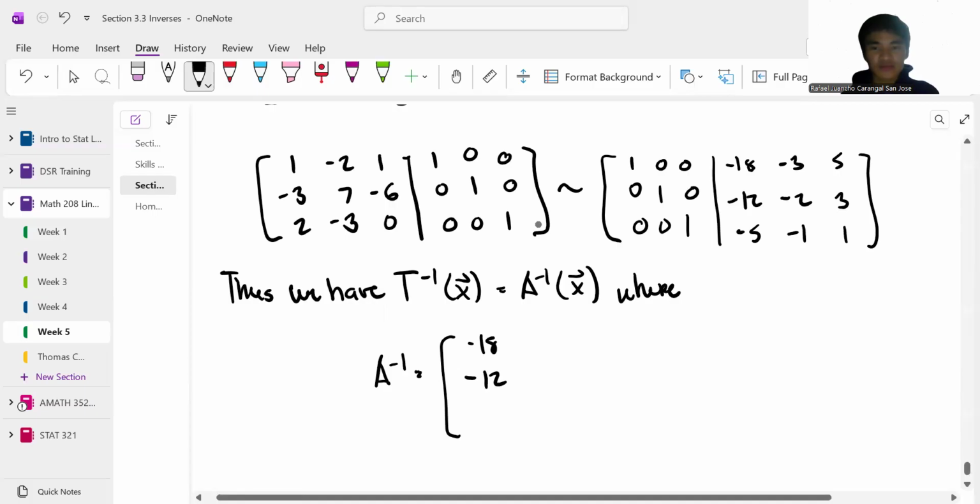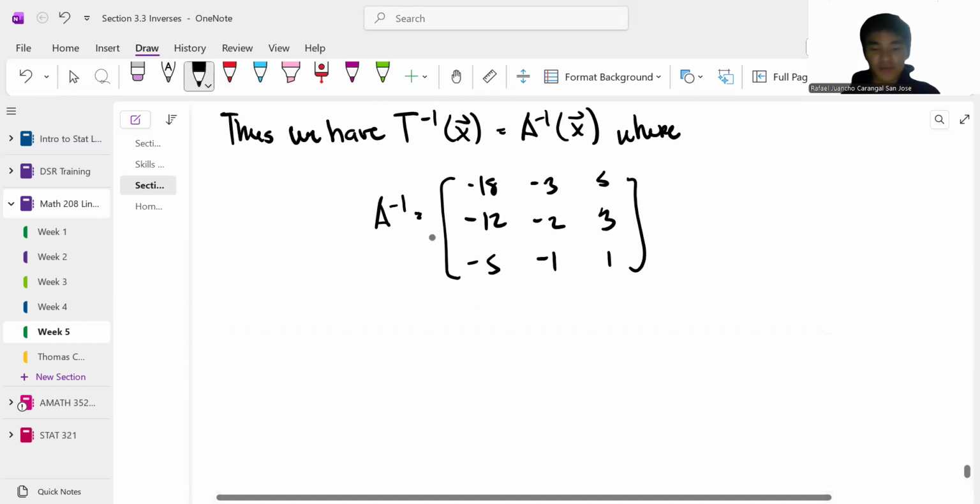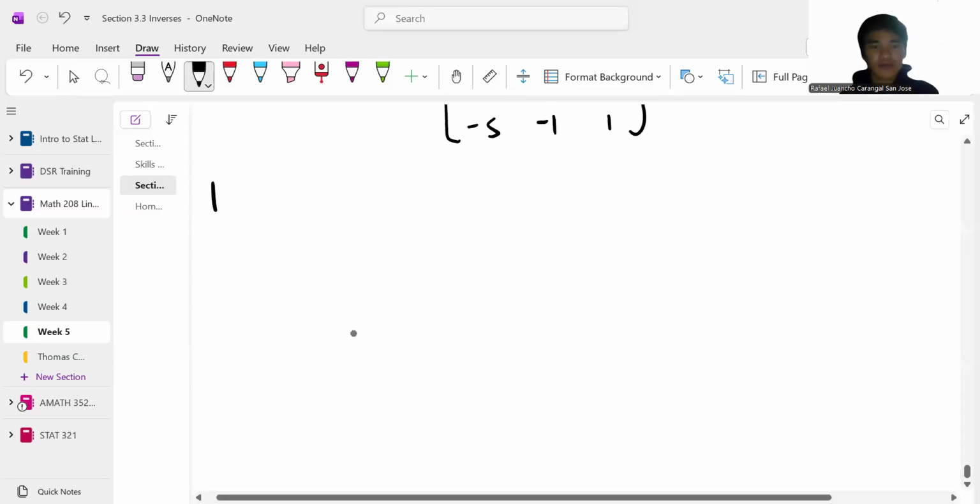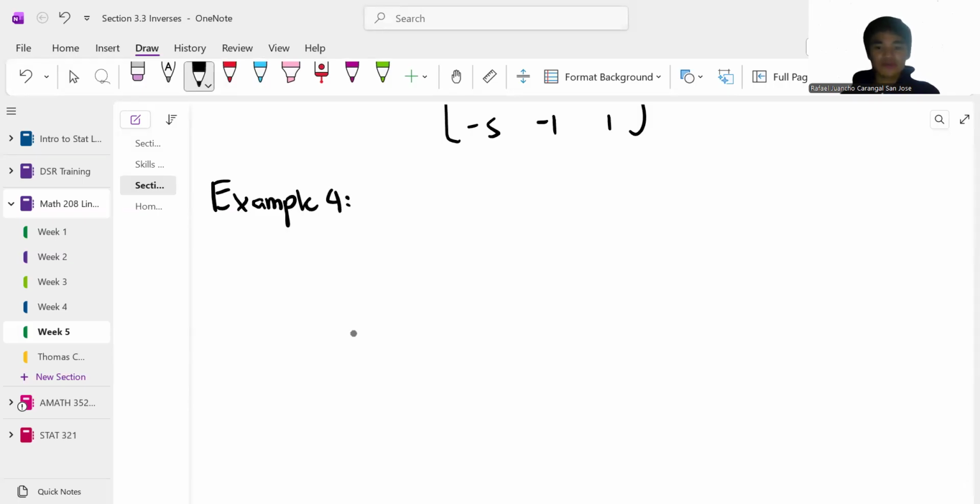A way to check is if we multiply the original by this one and see if we get back the identity. And we will get back the identity. This next example is going to show us what happens when there's no inverse.